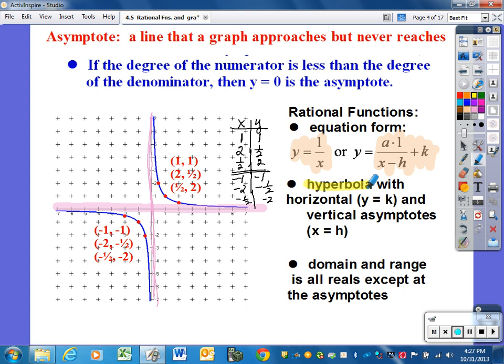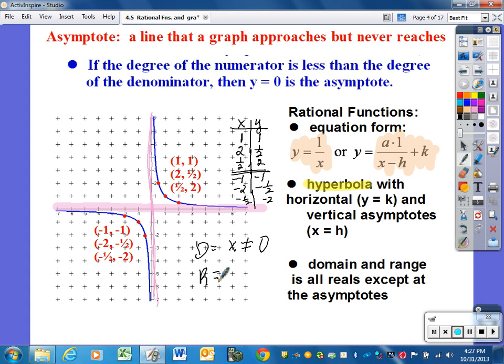The domain and range are all reals, except for your asymptotes. So in my case, here the domain, well, let's change colors. x cannot be 0.